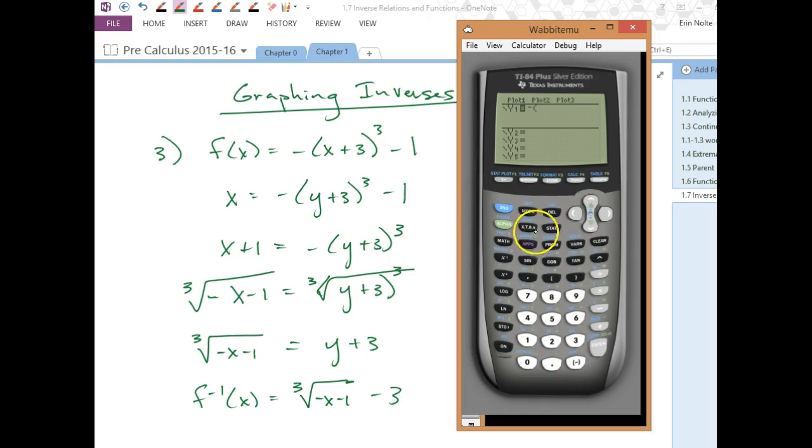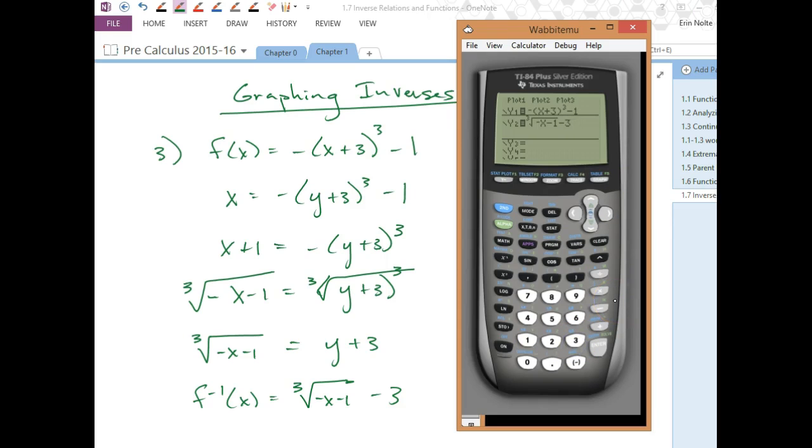So I'm going to type negative x plus 3 to the third minus 1. Okay, and then also the inverse, so I'm going to do math and choose number 4 for the cube root of negative x minus 1. Push the right arrow to get out from under the radical, minus 3.